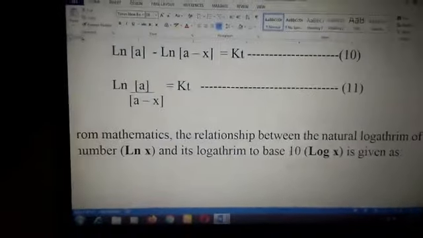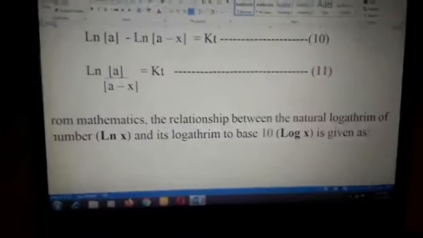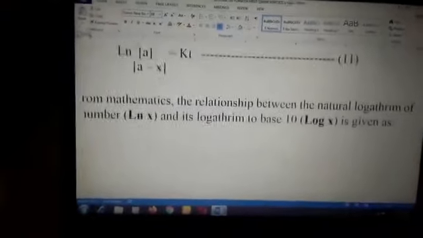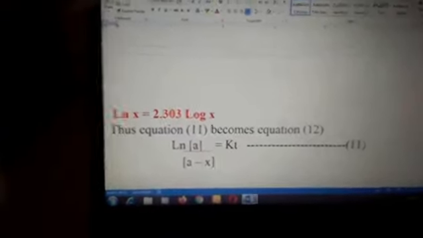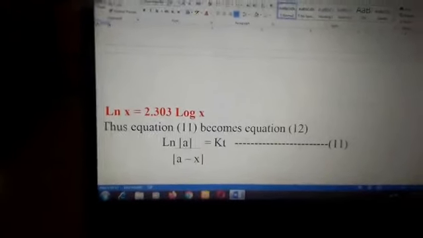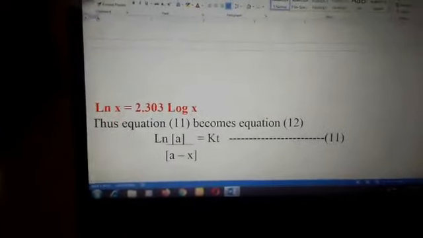So we can convert this ln on equation 11, natural log, to log of base 10. But how are they related? The relationship is given to you in the next slide. Ln of a number is equal to 2.30 log of a number. So ln s is written as 2.30 log s.